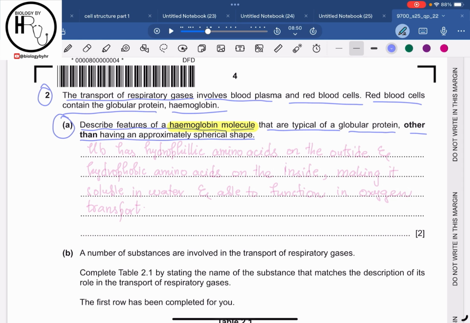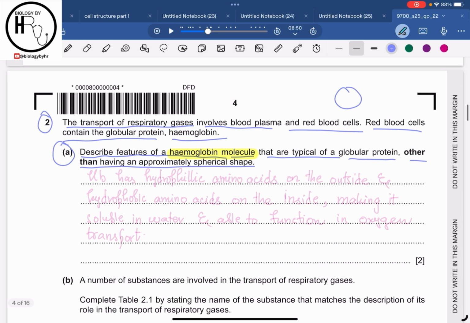As haemoglobin is a globular protein, there is one side which is facing the aqueous environment of the cell, and then there is one side which is facing the inner environment. So the distribution of the amino acids on the haemoglobin globular protein must be in a way that the hydrophilic amino acids, which are the amino acids that are water loving, are facing towards the aqueous environment, and the hydrophobic amino acids are tucked inside, right?